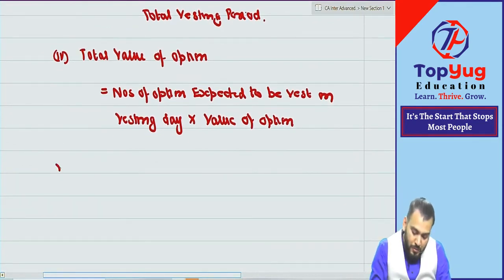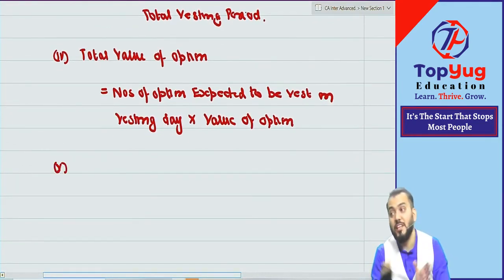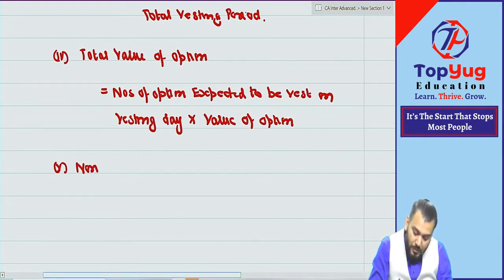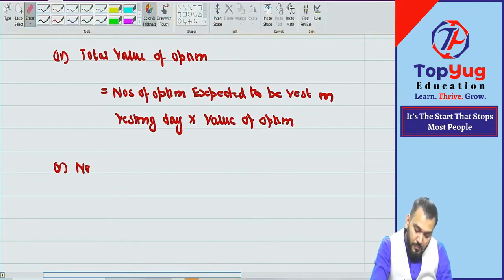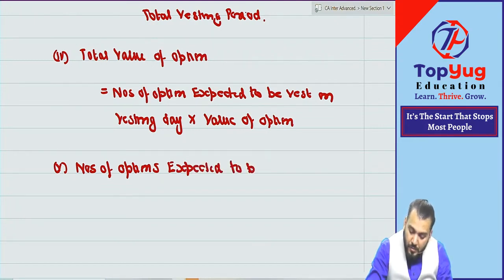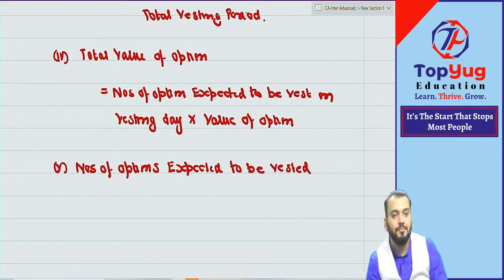Understood. Now how to calculate the number of options expected to be vested on vesting day? Write down.